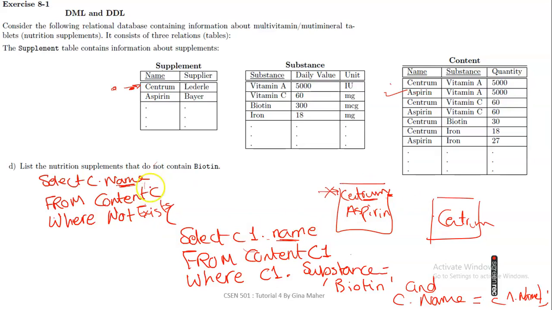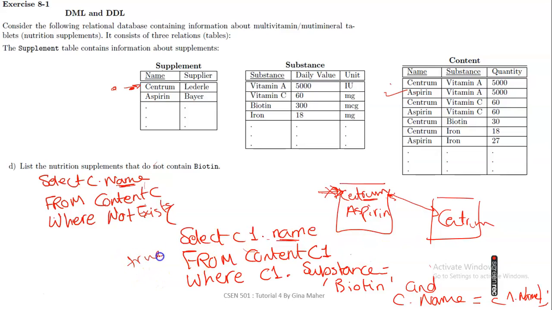In this query, let's move one by one. We are pointing here. Where NOT EXISTS select c1.name, which is Centrum, from content c1, c1.substance having biotin, which is this one, and c1.name equals c.name. This one equals this one. Okay, so this one will return true.